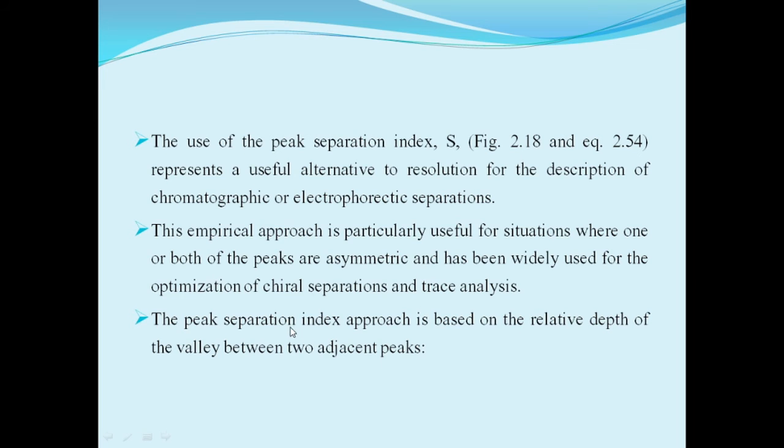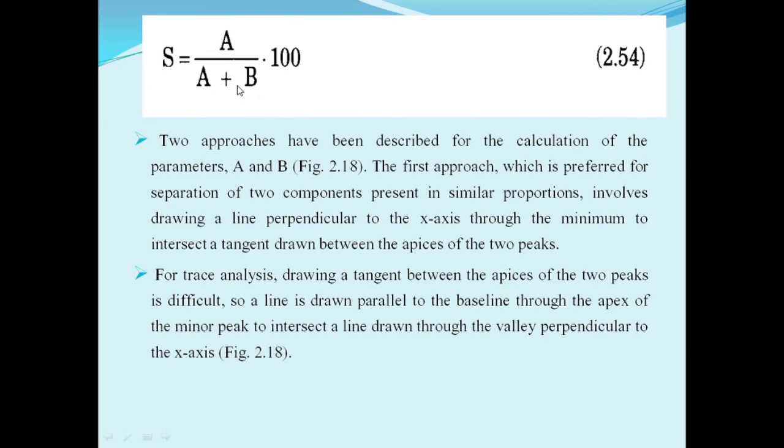The peak separation index approach is based on the relative depth of the valley between two adjacent peaks. The separation index S is equal to A upon A plus B into 100. This is equation 2.54.